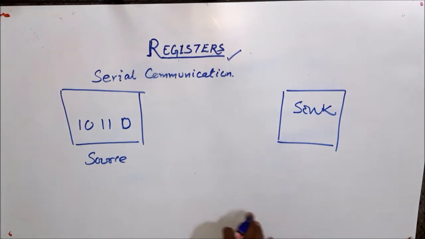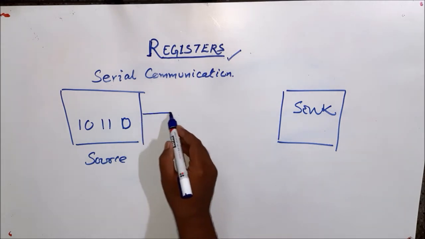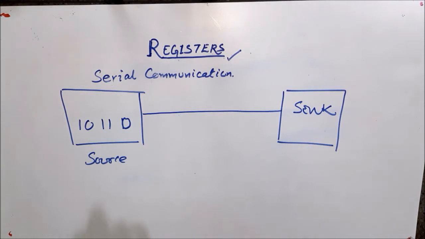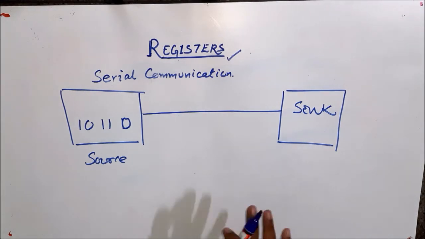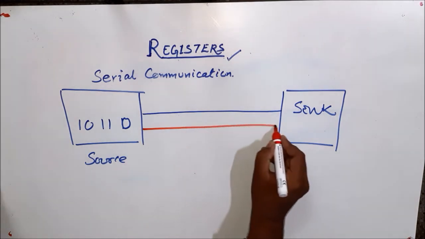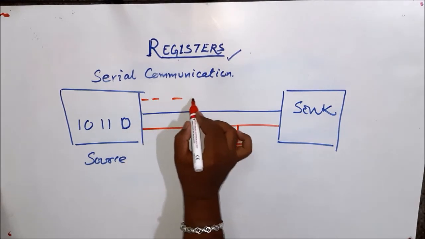As we are studying serial communication, we have one line that is called the data line. This single line is responsible for transmission of data from source to sink. It is also followed by two more lines. Those are ground and one more is VCC.